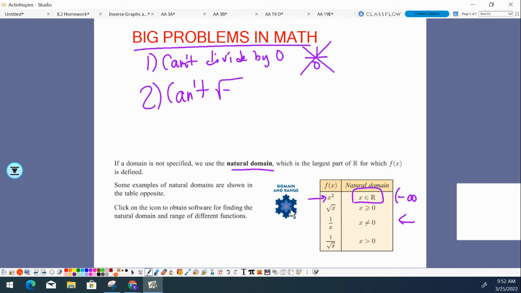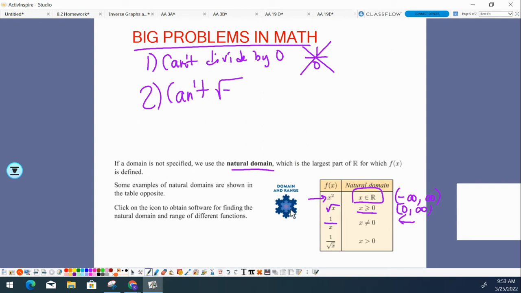Another way you could write that, it just means you can have any value negative infinity to infinity. If you see a square root sign, you can only use positive numbers. So we say that x has to be greater than or equal to 0. So your interval would start at including 0 all the way up to infinity.